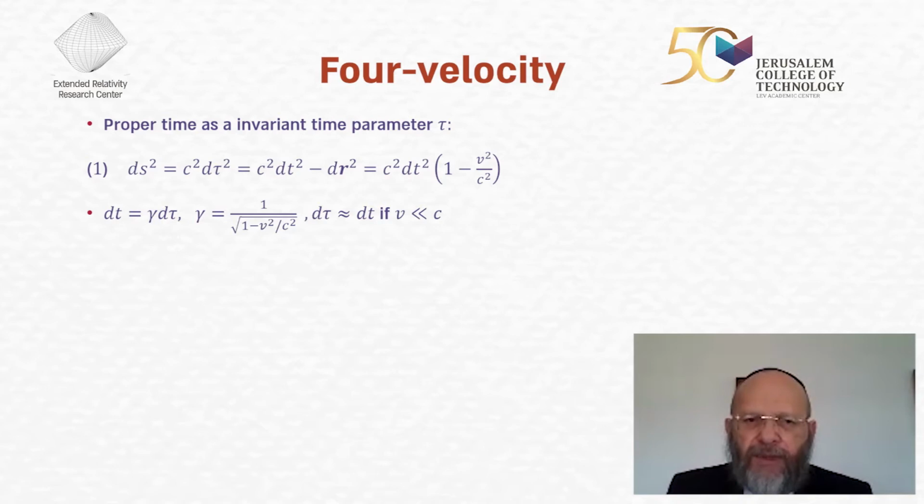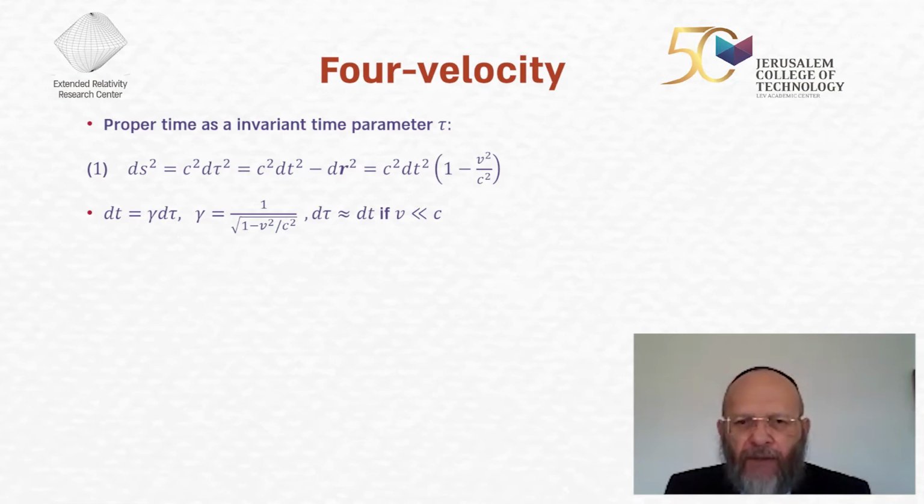This tells you about tau and dt. We want to compare this and this, so we have to divide by this expression and take the square root. C square will cancel, so dt equals gamma d tau, where gamma is 1 over the square root of 1 minus v square over c square. We have seen this gamma in the Lorentz transformation.